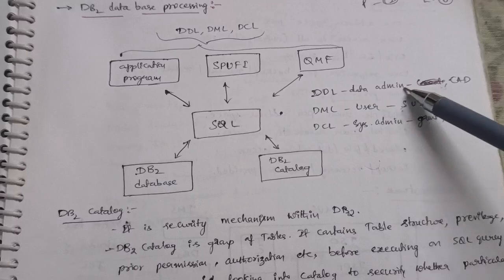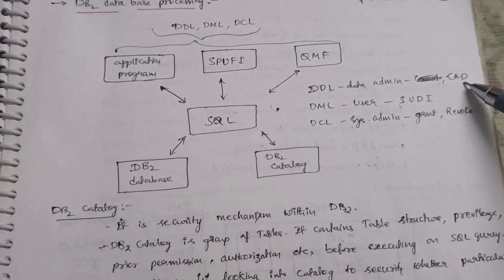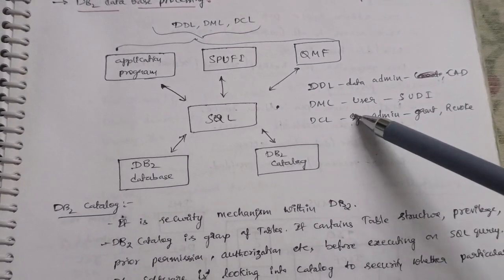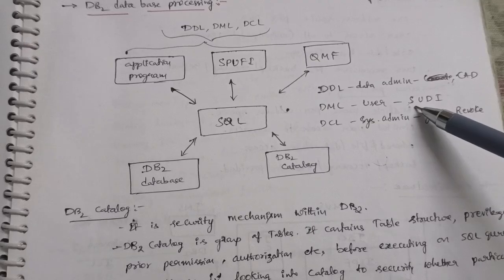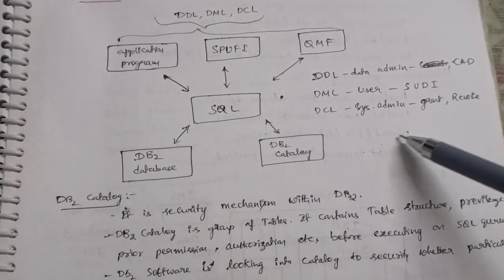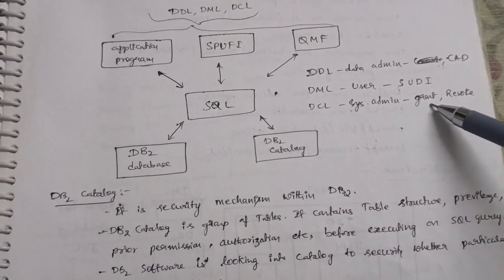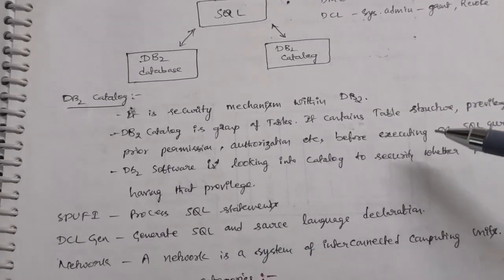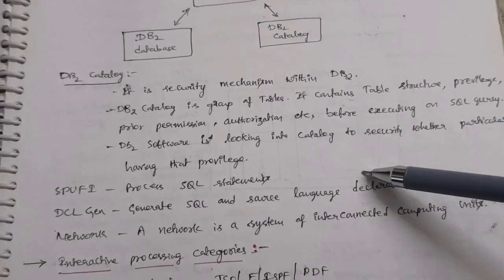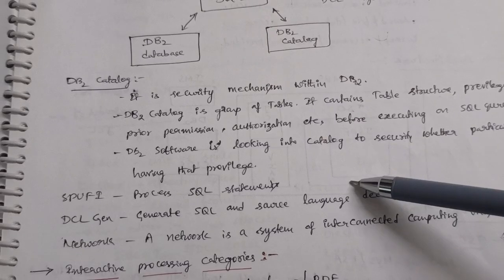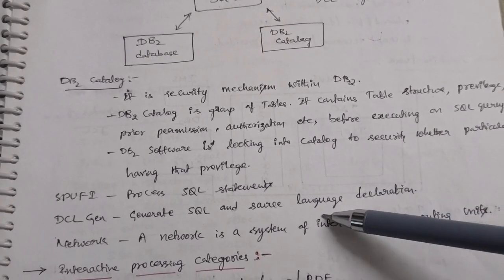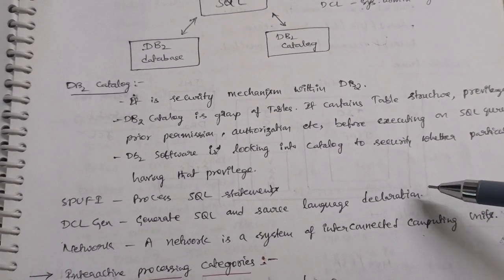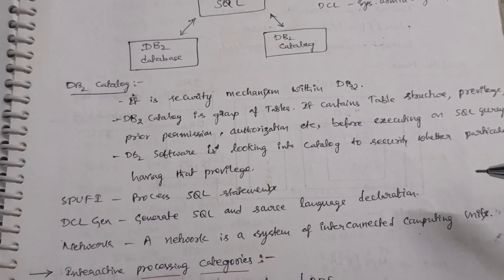The DDL commands come under create, alter, and drop. The DML commands are select, update, delete, and insert operations. And DCL contains grant and revoke operations. And the DB2 catalog. DCLGEN contains the process of SQL statements and will generate SQL and source language declarations.